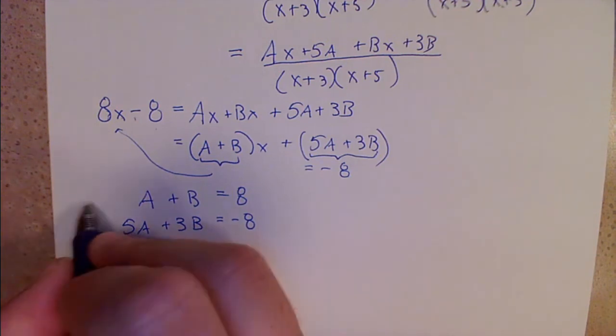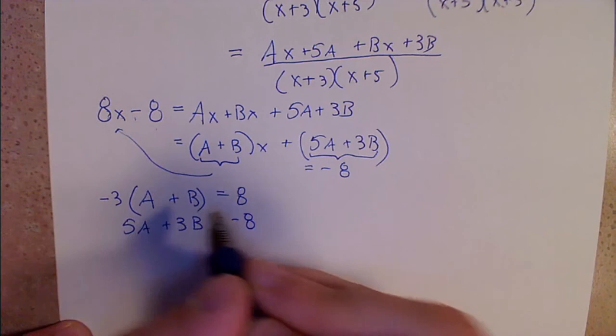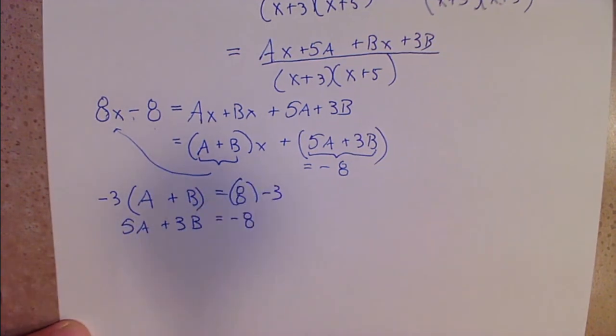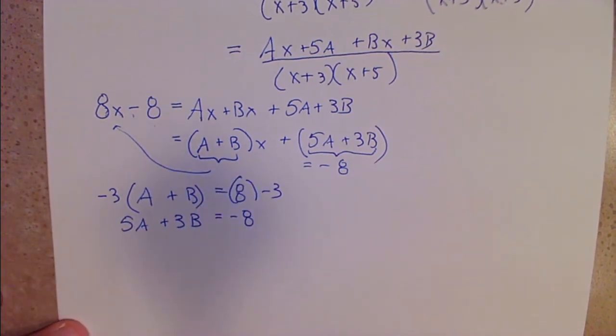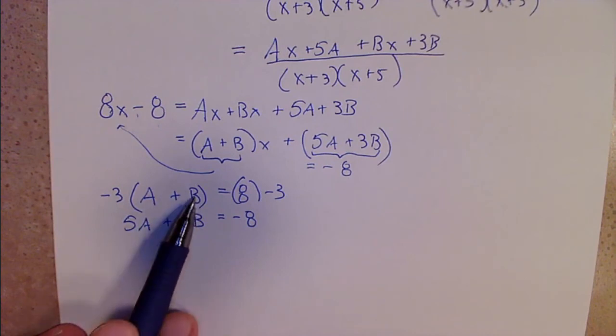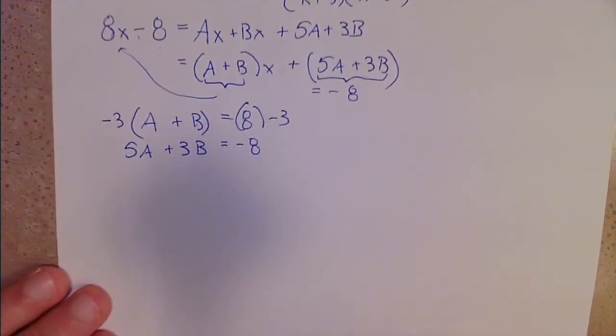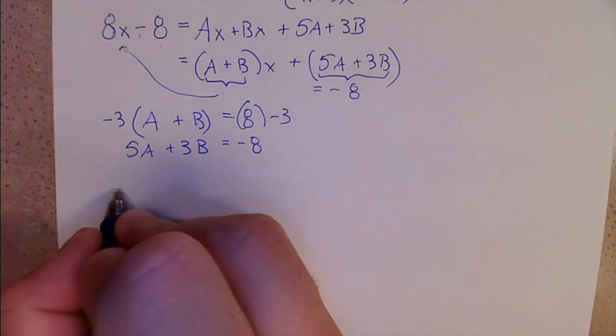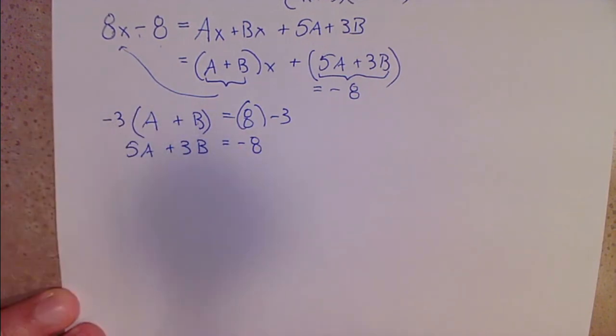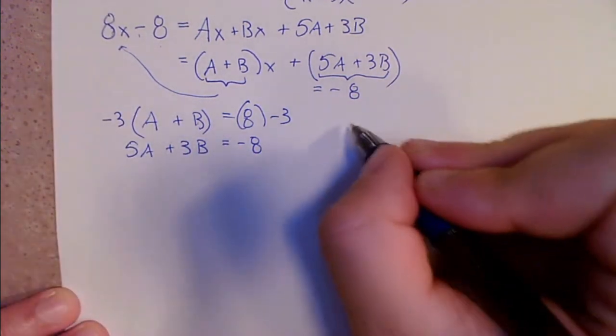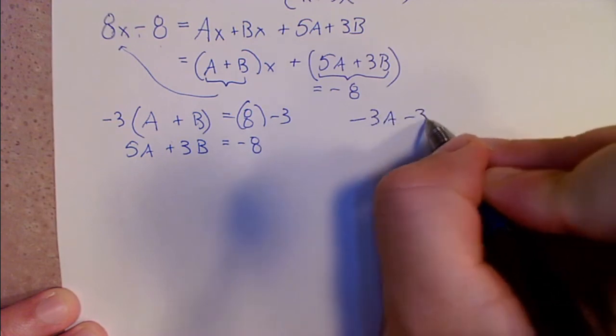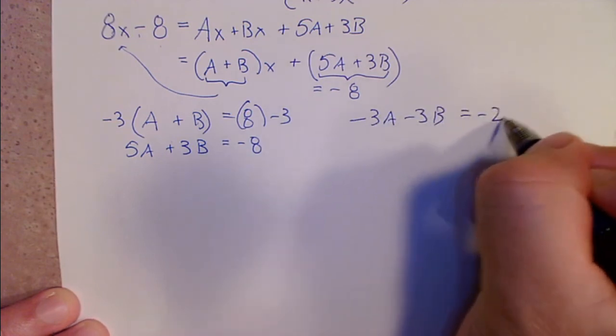What I'm going to do is multiply the top equation by negative 3, because I want a negative 3b to cancel with that positive 3b right there. Just a personal preference. So don't forget to multiply everything up top by negative 3. So I get negative 3a minus 3b equal to negative 24.